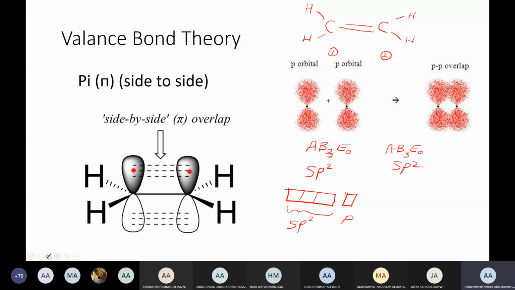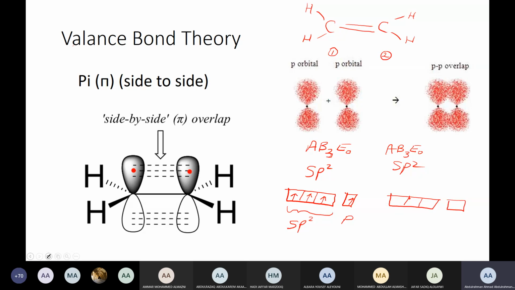And the same thing for the other carbon. I'm not going to draw it. Then, what's the valence of carbon? 4 electrons: 1, 2, 3, and 4. Okay, the second carbon, same thing. You have 3 boxes and 1 box by itself.